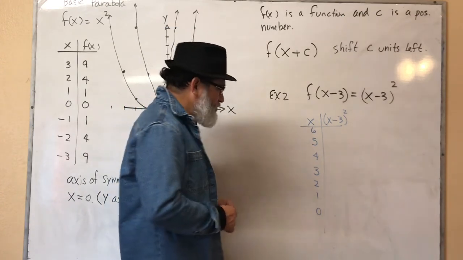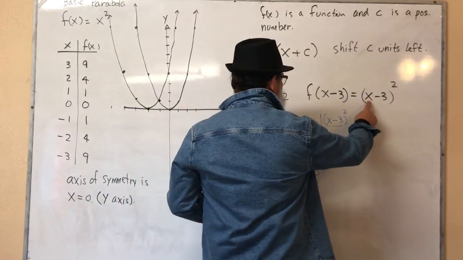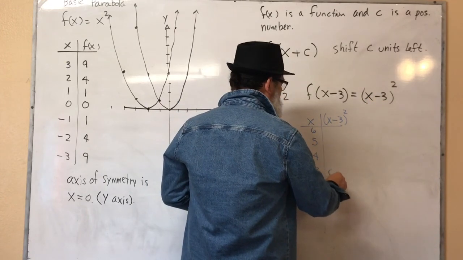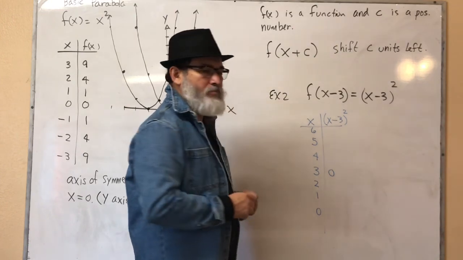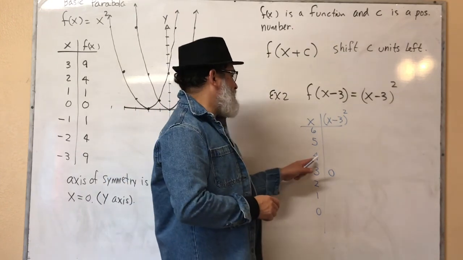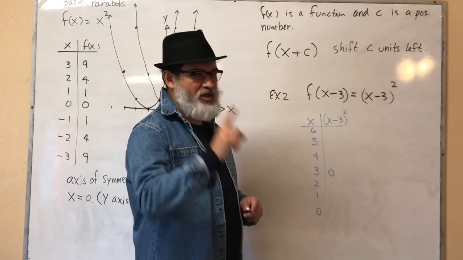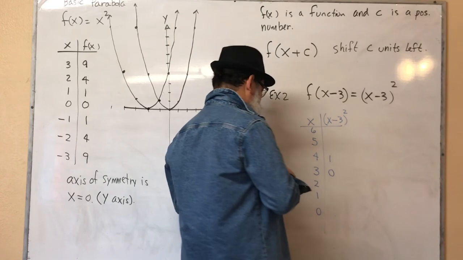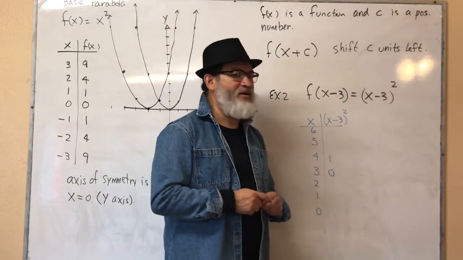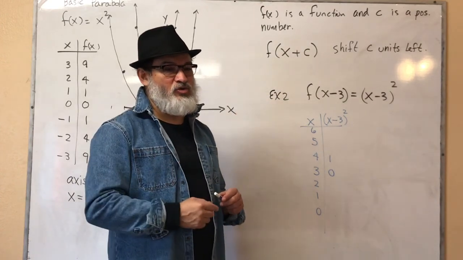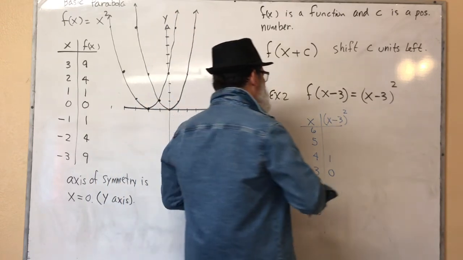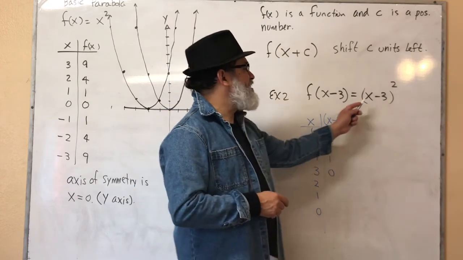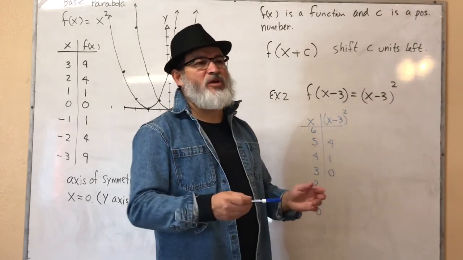If x is 3, 3 minus 3 is 0, 0 squared is 0. If x is 4, 4 minus 3 is 1, 1 squared is 1. If x is 5, 5 minus 3 is 2, 2 squared is 4. If x is 6, 6 minus 3 is 3, 3 squared is 9.